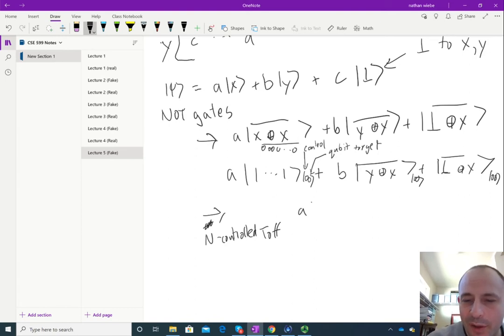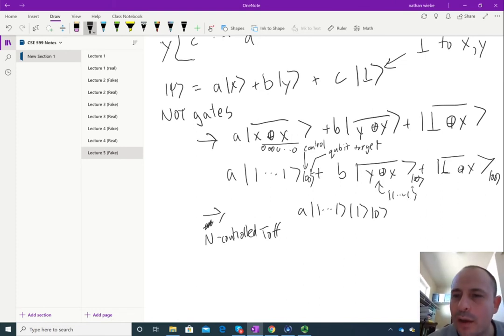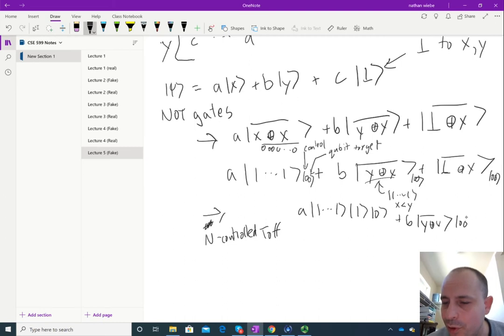This will yield a 1 all the way down. Now this cannot be 1, 1, because we've assumed that X is less than Y, ergo this can't be 0, ergo this can't be all 1s. The n-controlled Toffoli gate will only output 1 if and only if this whole vector is 1. So therefore, this will yield B, Y exclusive OR X, not 0, 0, plus so on and so forth.